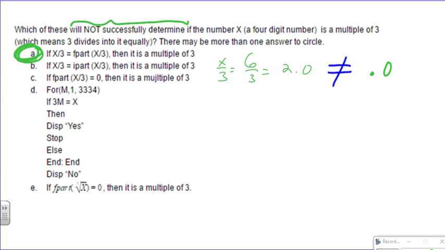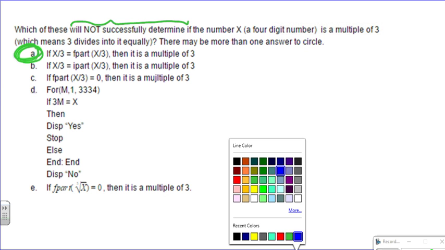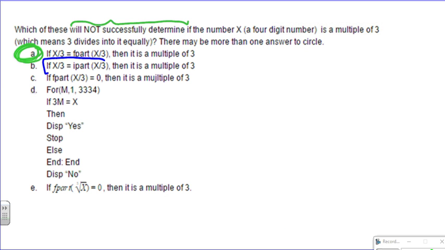All right, let's try B. All right, part B. If this is true, will that guarantee that x is a multiple of 3? Well, let's try a value of x that is a multiple of 3, like, for example, 9. All right, let's try 9 divided by 3. That gives us 3.